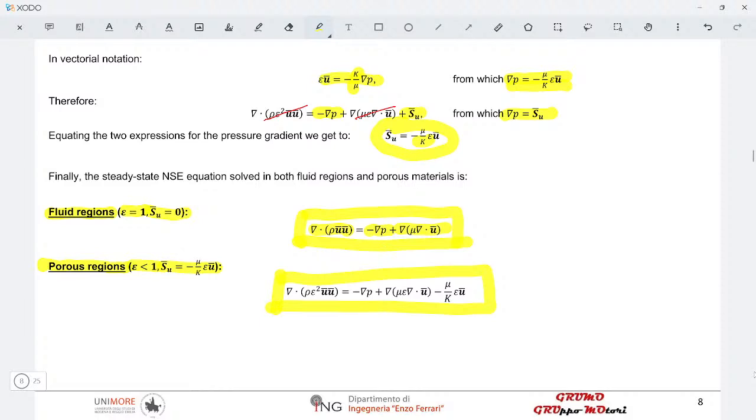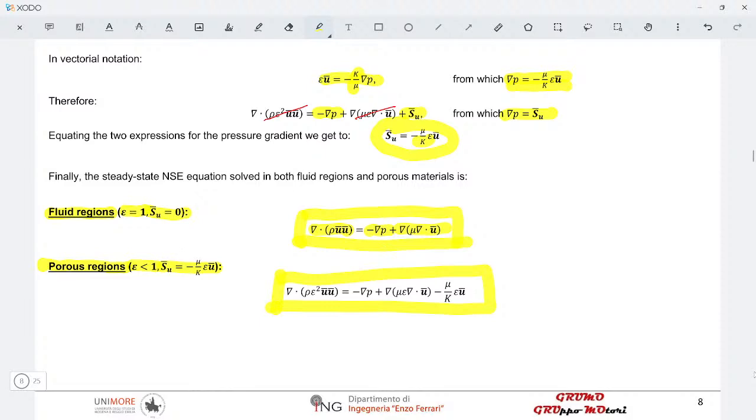We can adapt it based on the local physics, on the local part of our domain. This is very convenient. We don't have to introduce a separate treatment for flows in porous parts with respect to flows in fluid regions. It's the same treatment, just porosity and source term are specified differently.